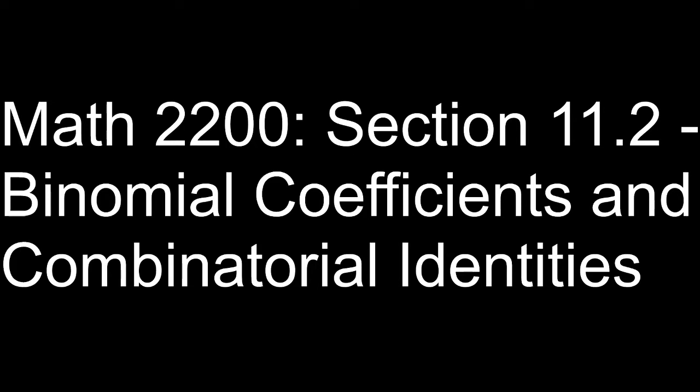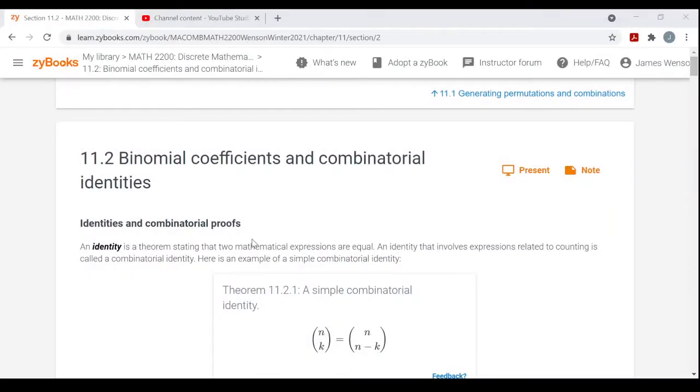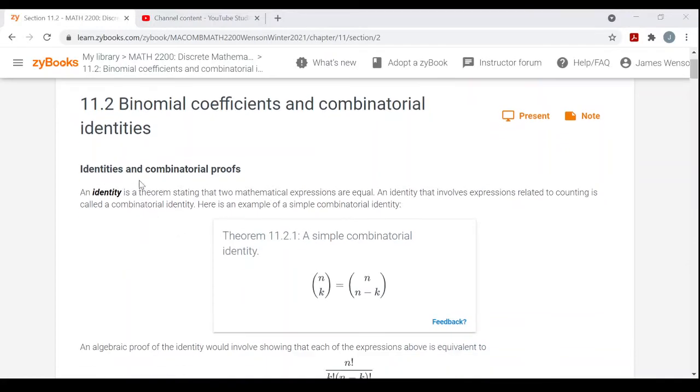Alright, so let's just get into it. The first part of this section is on identities, which you've probably heard the word before. I'm sure you saw them in trigonometry class, trigonometric identities. And combinatorial proofs.